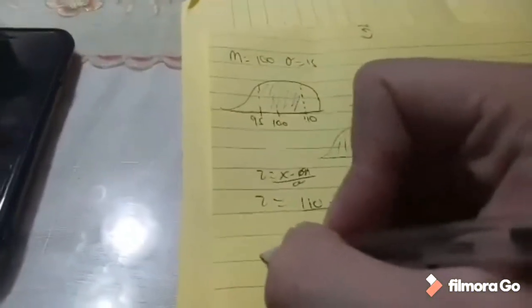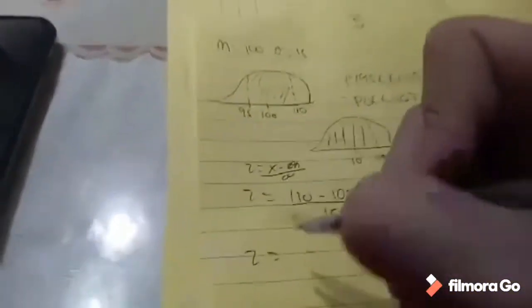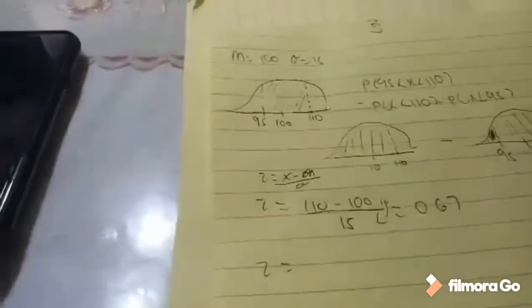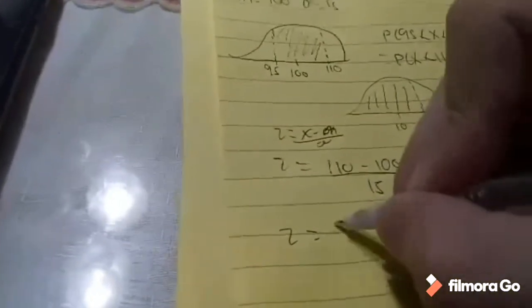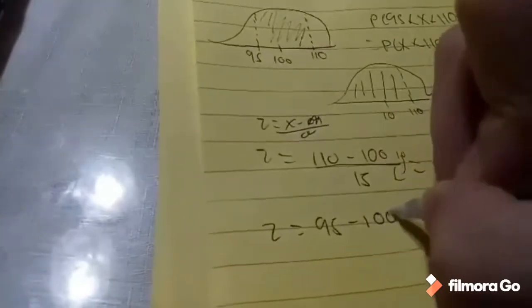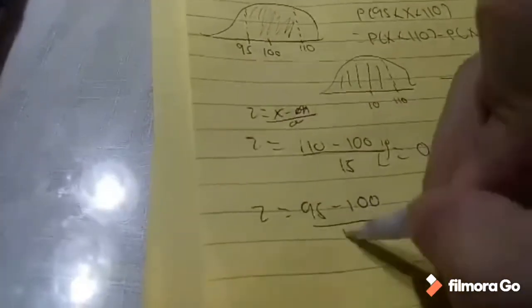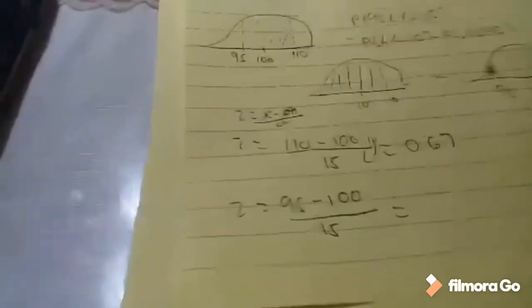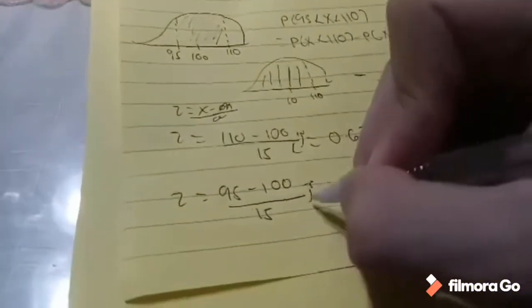First, I want to solve the z scores. So 95 minus 100 over 15. 95 minus 100 is equal to negative 5.